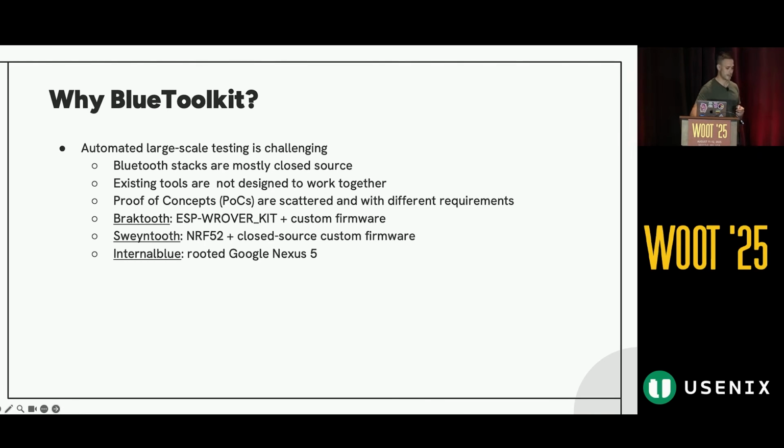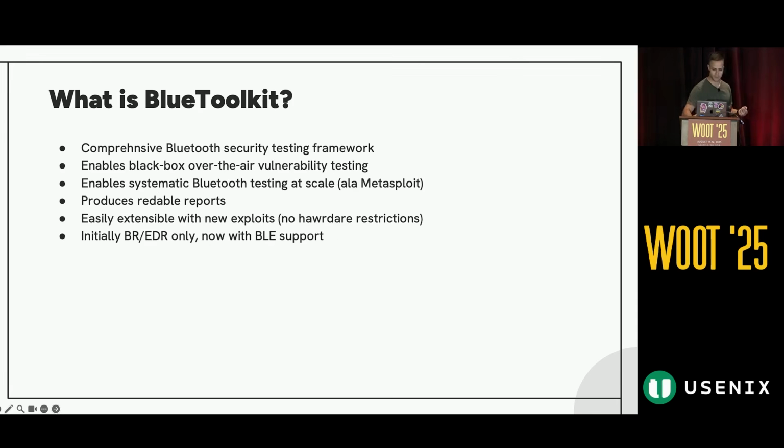And so we decided to put together most of the things that are available online and make them work together. We came out with BlueToolkit, which is a comprehensive security testing framework for Bluetooth. It basically uses a black box approach to do over-the-air vulnerability testing.